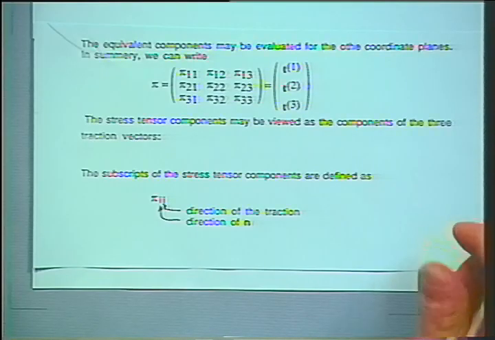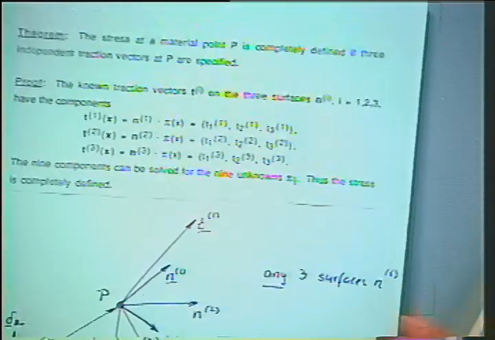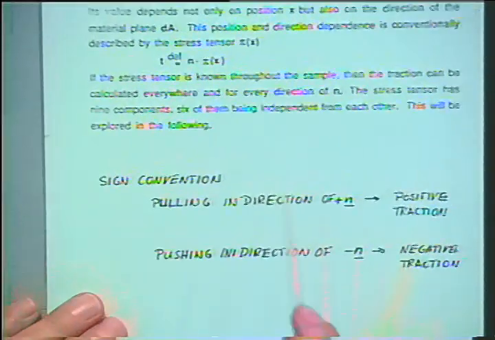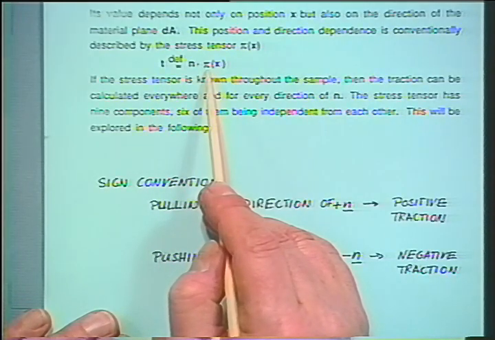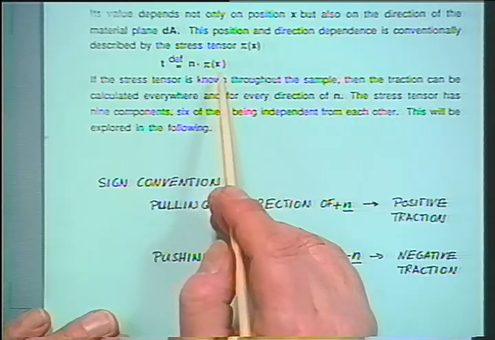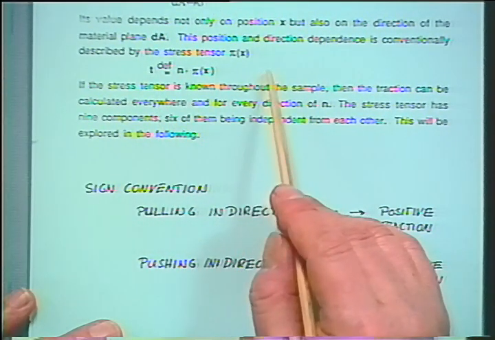Yes. Also, the question is whether the definition which we used for the traction here, traction being n times the stress tensor, is arbitrary, whether you should not rather use traction being equal to pi times n.